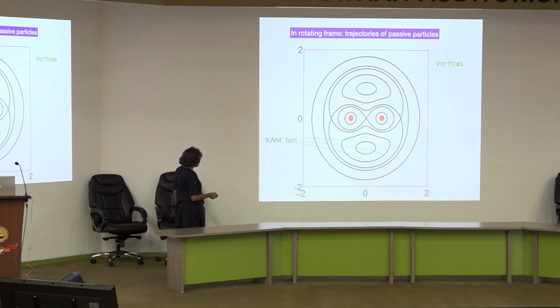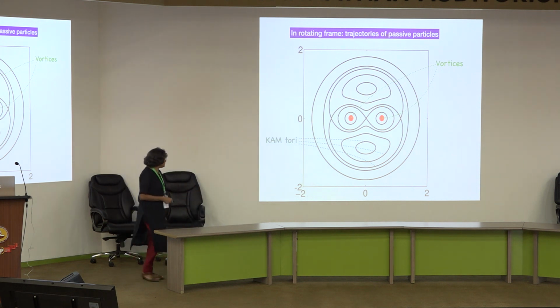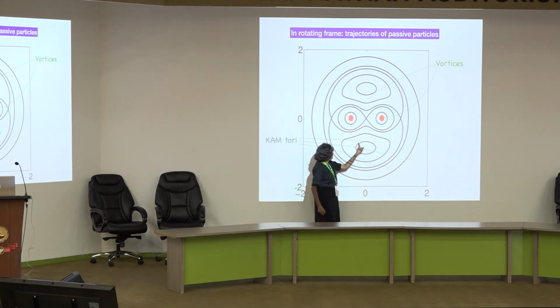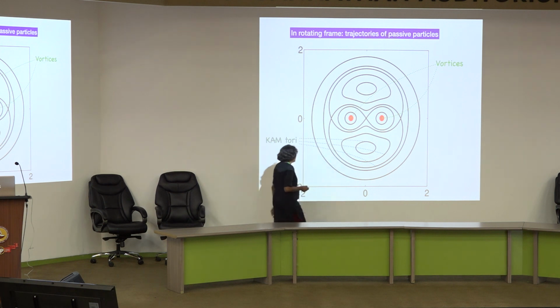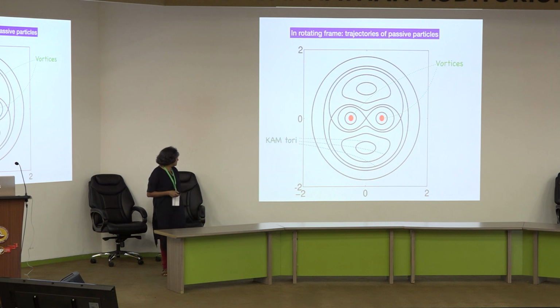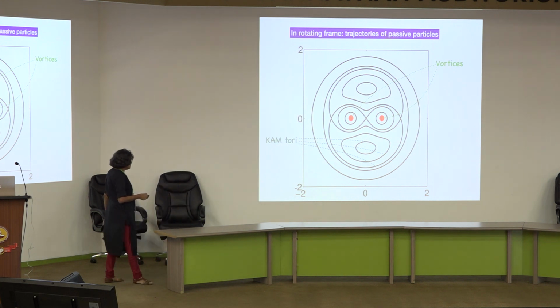All these black lines represent contours. If I start a particle here, it will stay forever here and keep going round. If I start a particle here, it will stay forever on that. So there's a whole bunch of contours which are inside each other, and there's a saddle point here, but particles keep going here.